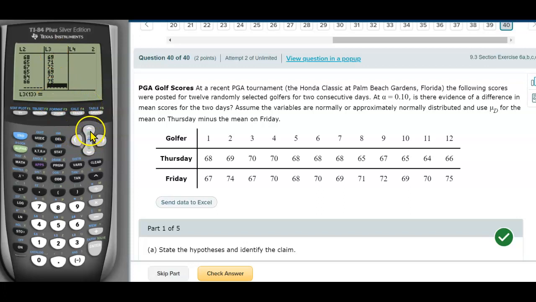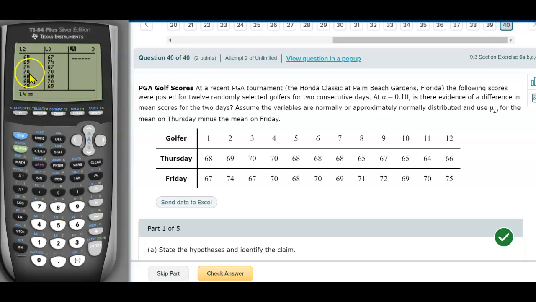So right now for this, we need to go to the third column, whatever it is. It's called L4 for me right now, and I'm gonna go up, and I need to make this one equal Tuesday minus Friday, right?